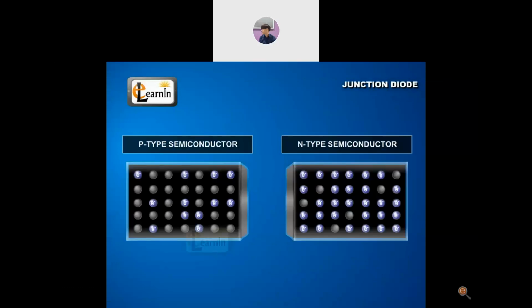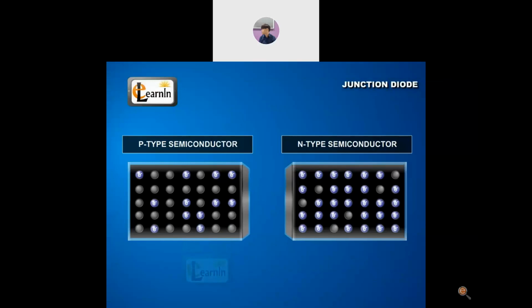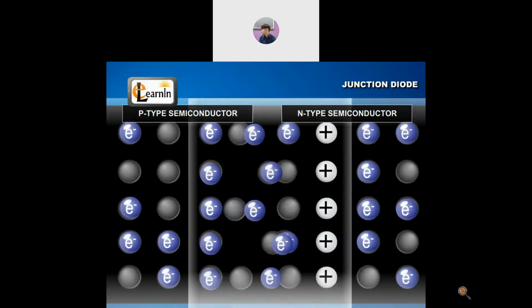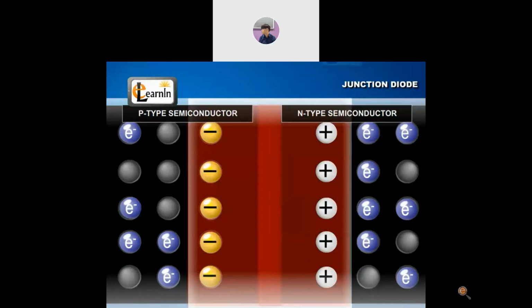The p-n junction formed out of the p-type and n-type semiconductor separates p-type semiconductor from the n-type semiconductor. However, because of the contact, some of the electrons from the n side enter the p side. Similarly, some of the holes from the p side enter into the n side. So, at the junction, these electrons and holes combine with each other. The hole and electron neutralize each other on such recombination, as shown. Therefore, in the region close to the junction, only negative ions are left behind on the p side and only positive ions on the n side.